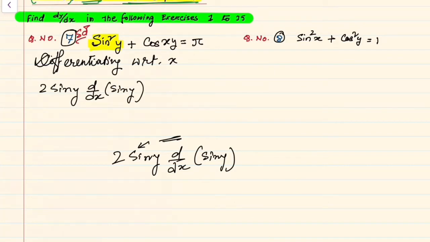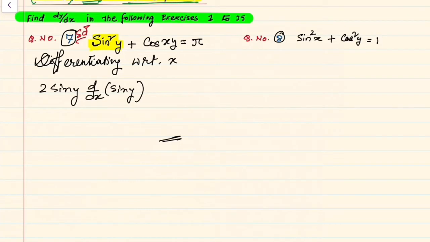Now consider this cos xy as cos of x only, then its derivative is minus sine x. Now we have considered xy as only x, so instead of this x we have to write xy here, so this is going to be also xy.